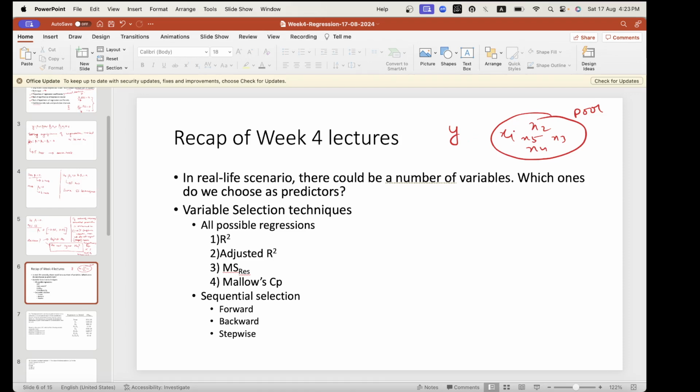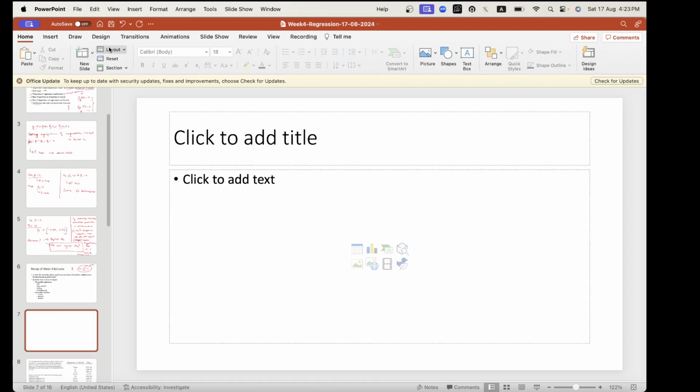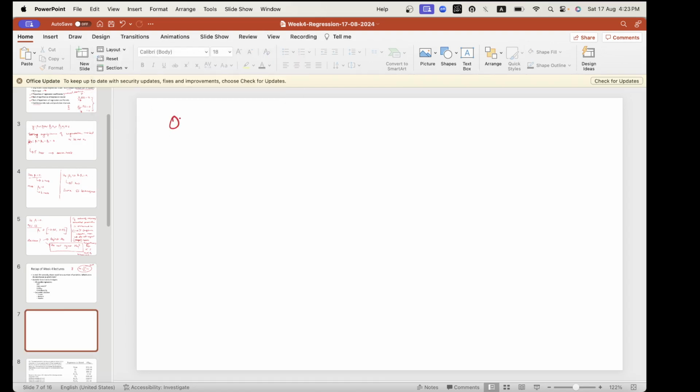But because of certain metrics, we might say, okay, maybe this is useful. But the objective here is very, very simple. Our objective in fitting a linear regression is very basic and simple.